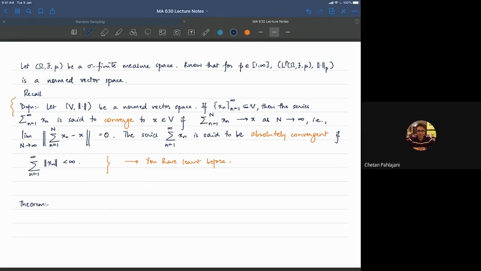So here's the theorem. A normed vector space V together with this norm is complete if and only if every absolutely convergent series in V is convergent.